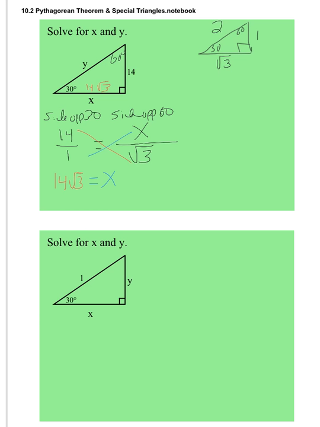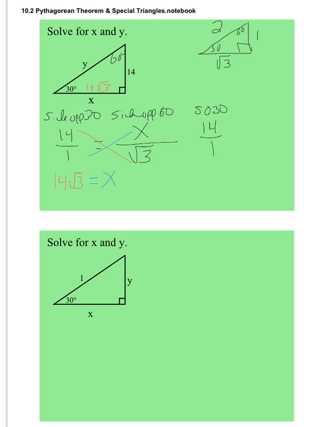Now there's a couple ways I could solve for y. I could use the Pythagorean theorem here to solve for my hypotenuse, or I could set up 2 more proportions. And we're going to compare the side opposite 30s again. That's what SO30 means. And I know I have 14 over 1.